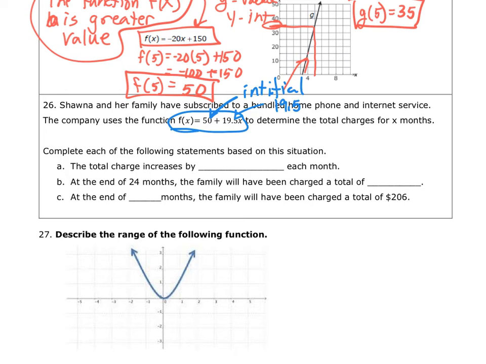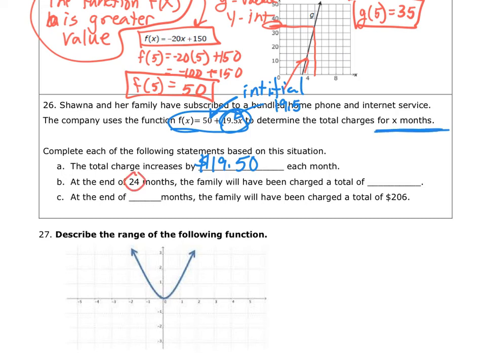So the total charges increase by $19.50 per month. And I know that because it's the slope, 19.5x, this is $19.5 per month. And I know it's per month because it says x months.